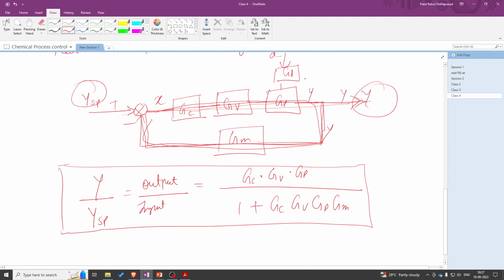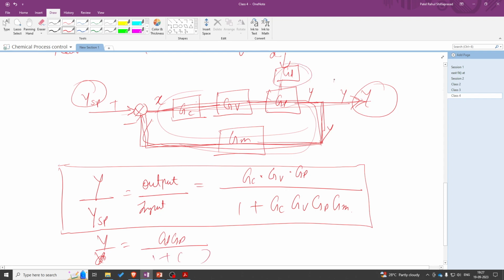So similarly, if we had to write the transfer function for the disturbance, Y upon disturbance will become, see, if GD is affecting the process, then we can simply write GD GP upon this and all the 5 terms.